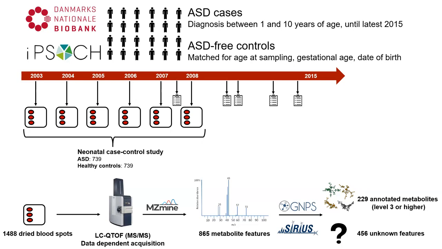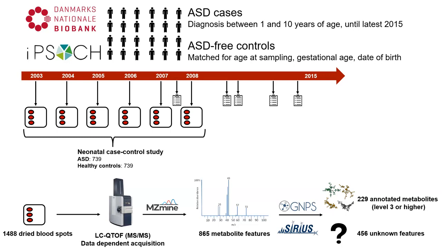This ended up measuring 865 metabolite features that passed our QC procedures, our filters. These features were then annotated using GNPS and SIRIUS, which you will hear about on Wednesday in more detail, resulting in 229 annotated metabolites, while the rest remain unknown in the dataset.